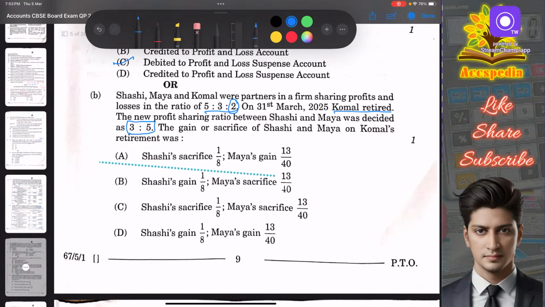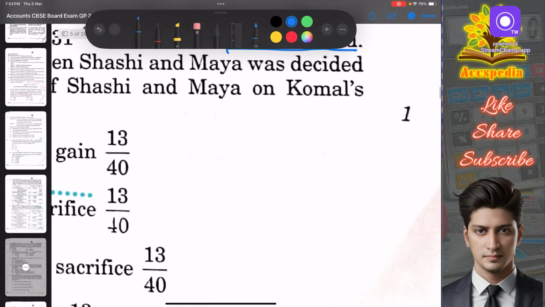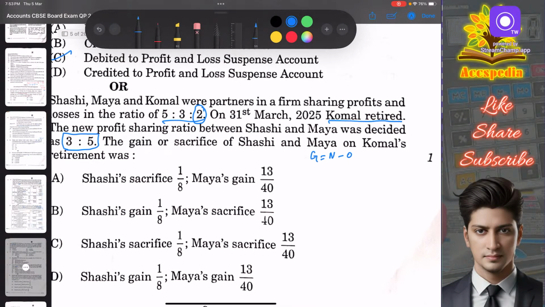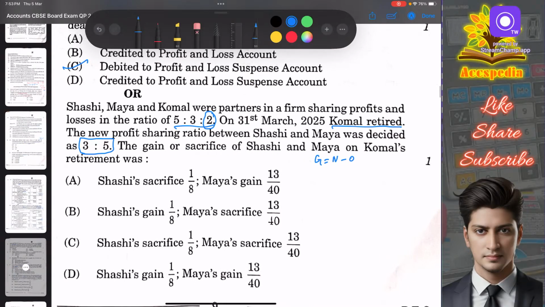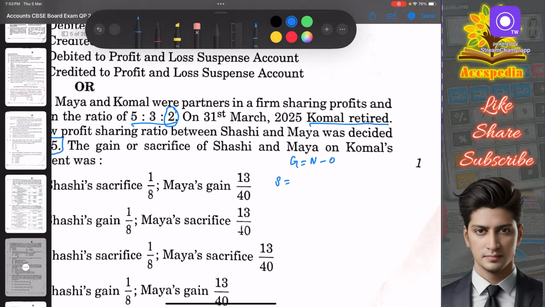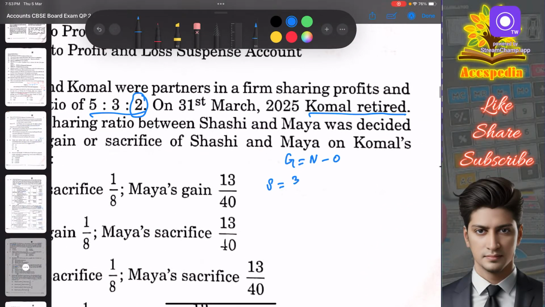Gain is equal to new share minus old share. This is the formula. Let's calculate for Sasi. I write simply S. New share is 3:5. That means 3/8 minus old share is 5/10.